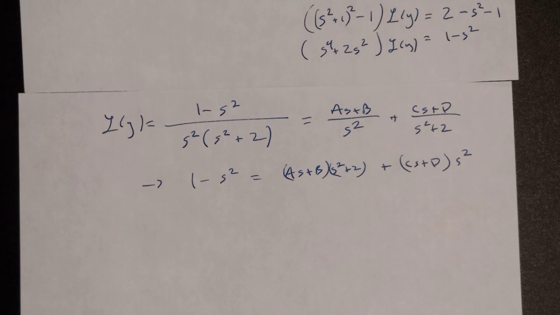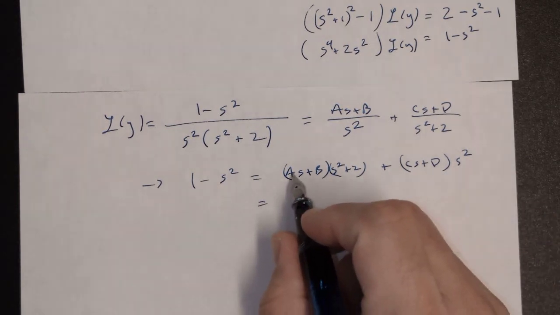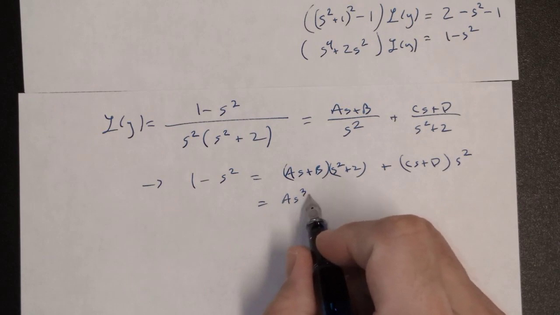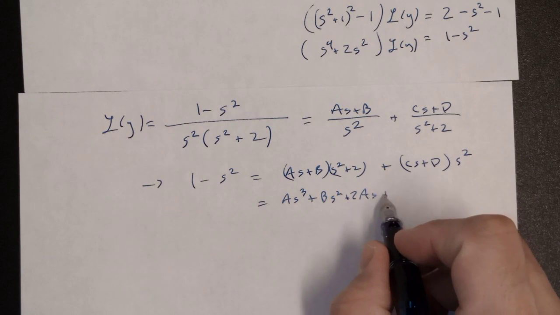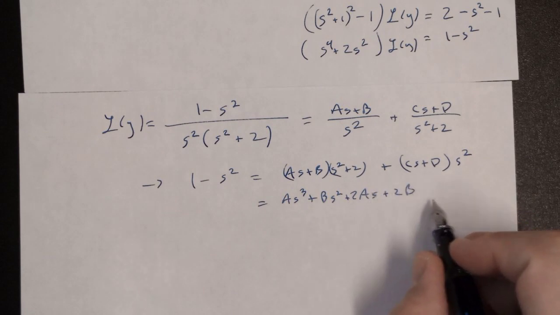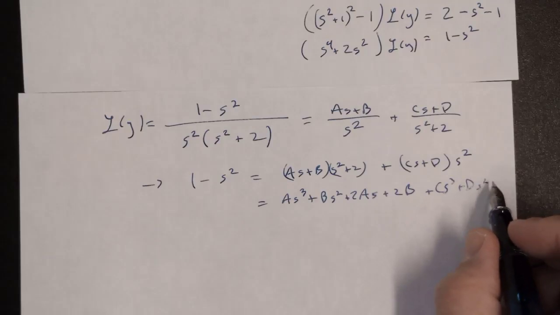Now here's where I get to say, I did not do this one this way in advance. So I'm doing this for the first time right alongside you all. I know what the answer should be. I just haven't done this before. Multiply all this garbage out. As cubed plus bs squared plus 2as plus 2b plus cs cubed plus ds squared.